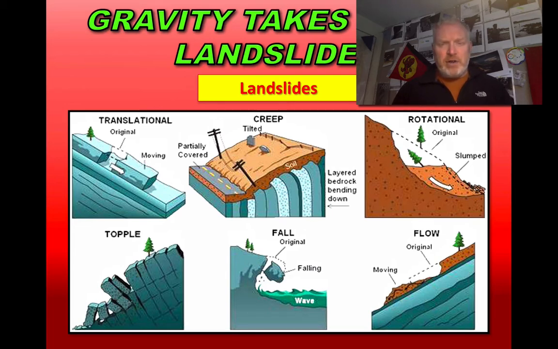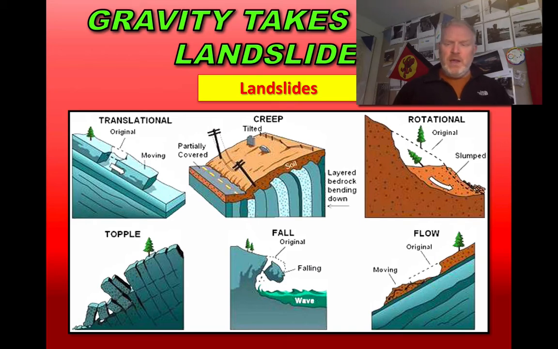And these can be very dangerous. These happen quickly. They will go around corners. They will fill up valleys, push buildings over, drown people. Flows are really the dangerous ones, mostly because of their speed.